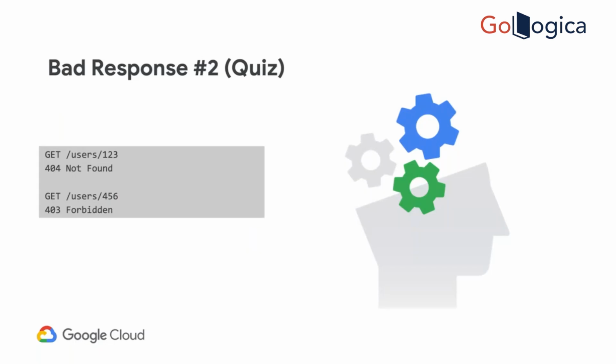And 403 forbidden means the user is authenticated, but not authorized to use this resource. So we can have a message stating that you are not authorized to use this resource, or a link where he can check what exactly needs to be corrected.